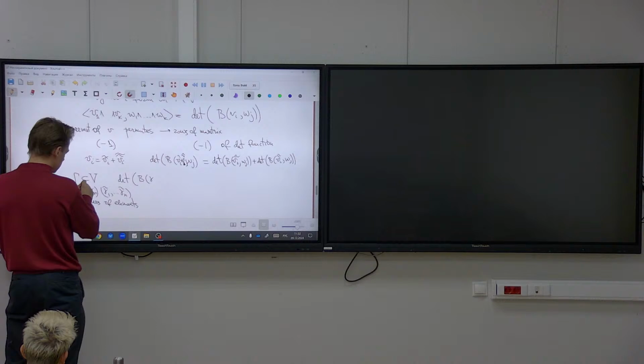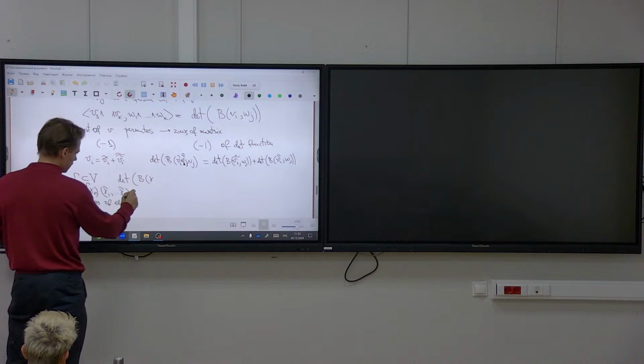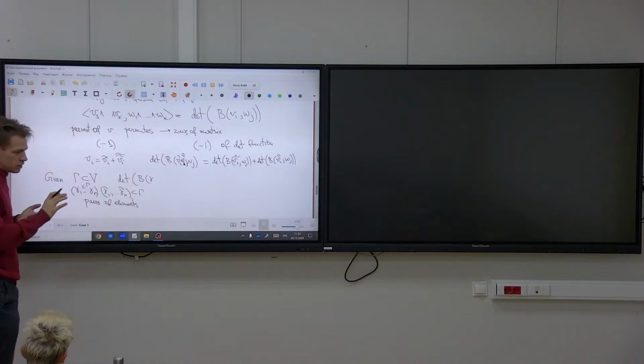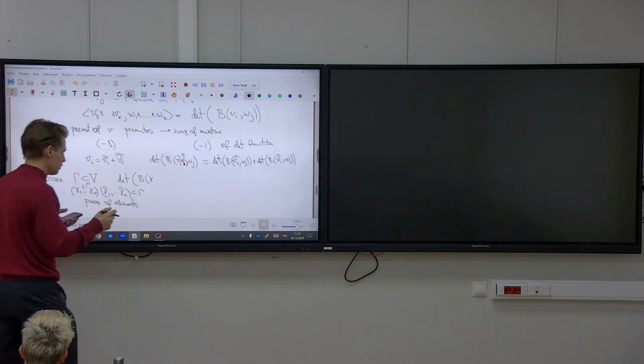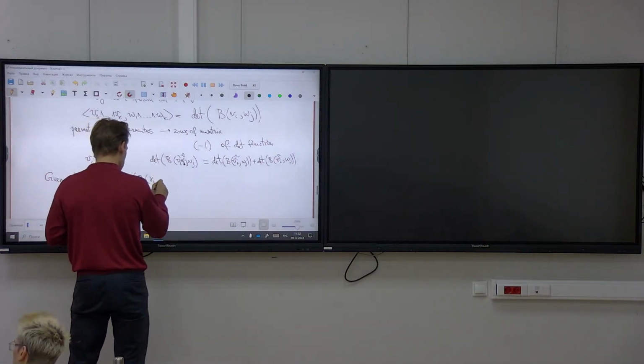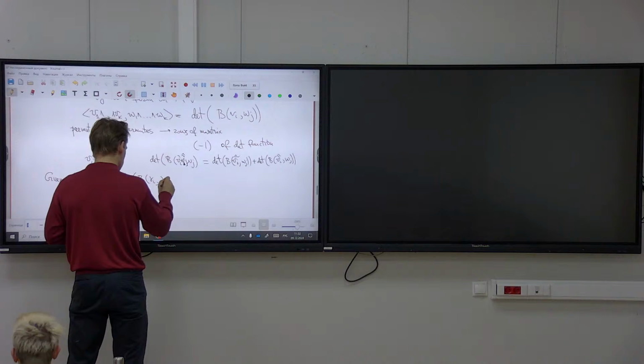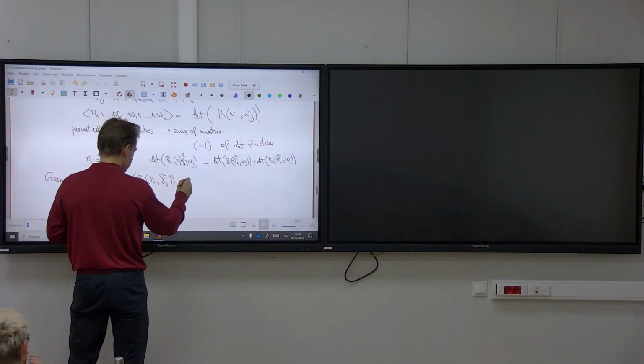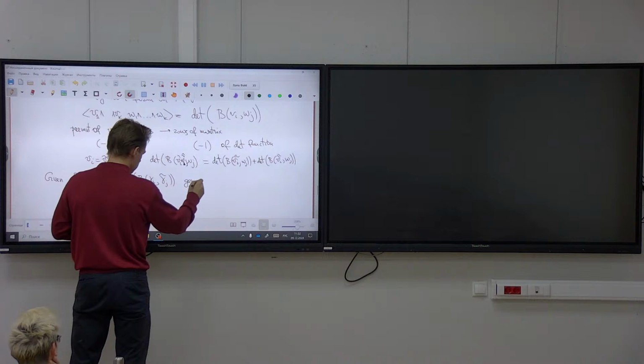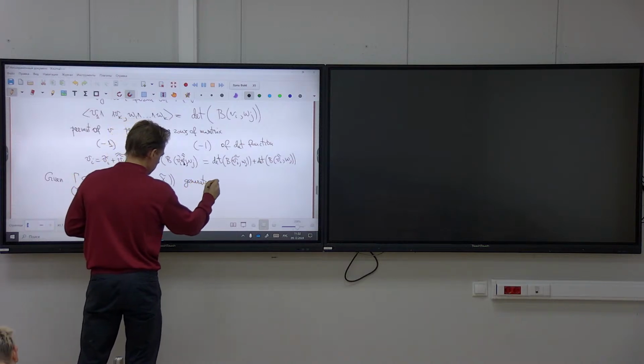These are subsets of gamma. And you can take the determinant of the bilinear forms of gamma i, gamma j tilde, and generate an ideal by these values.